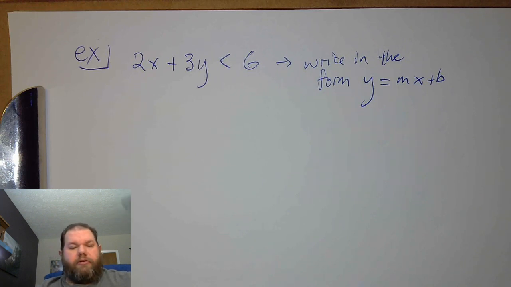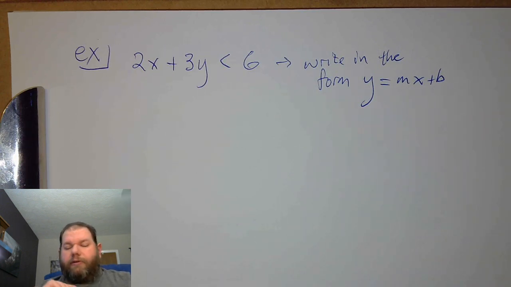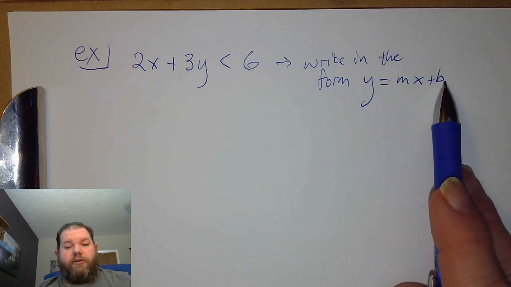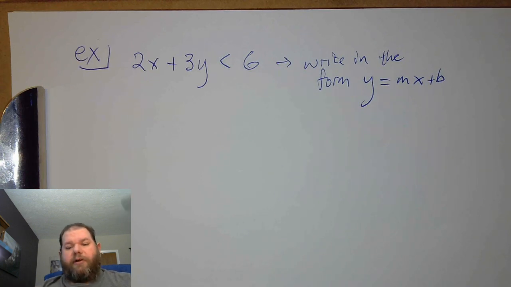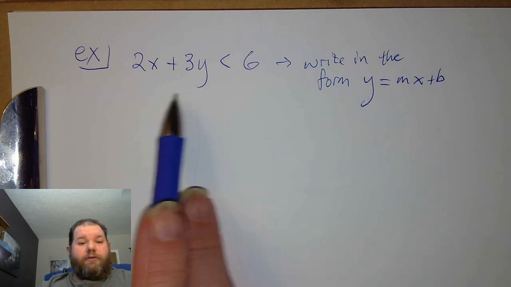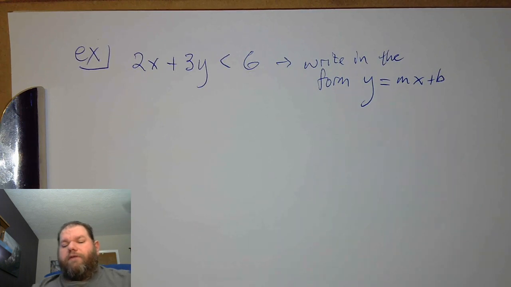It's going to be greater than or less than, just depending on how that turns out when you get everything moved over and solved for. But we basically want it in this slope-intercept form, as we call it. Because then we can identify what the y-intercept is and then what the slope is, and use that to help sketch the graph. So it's going to be 2 steps to get it from here into this format. What would the first step be?